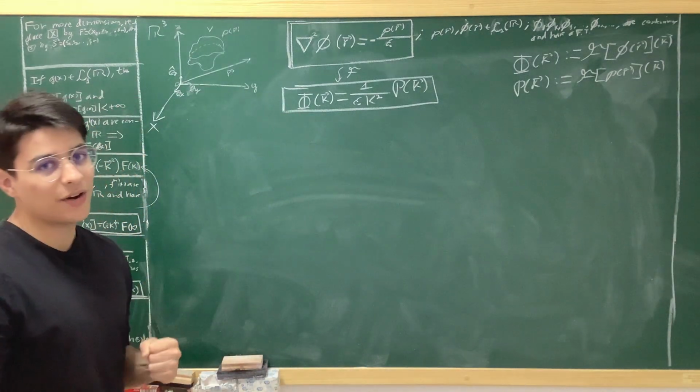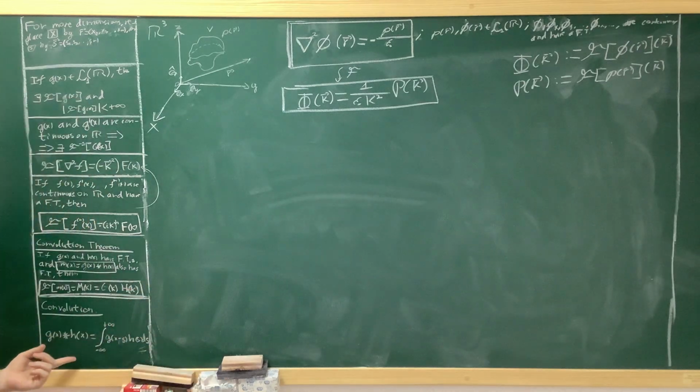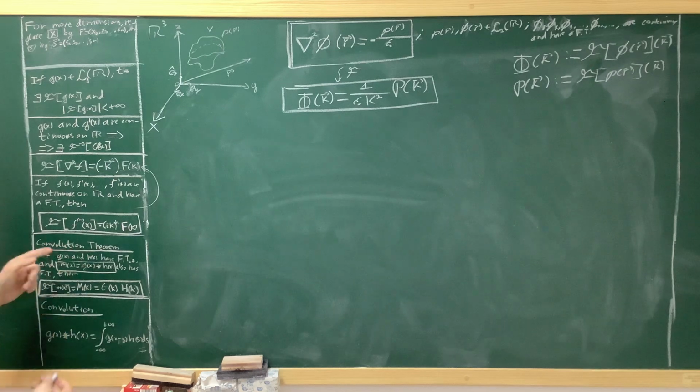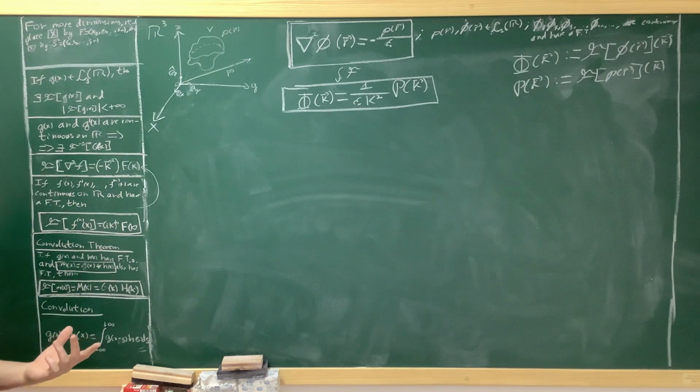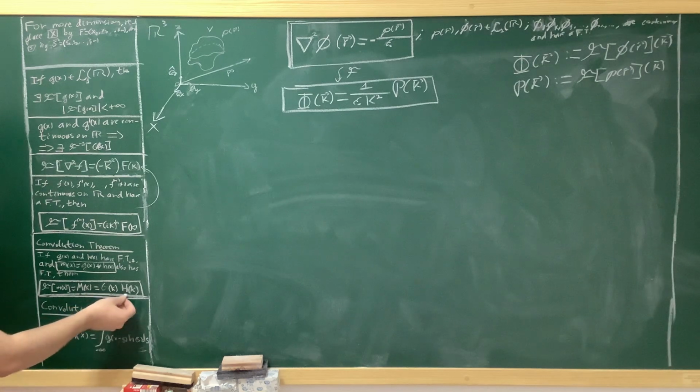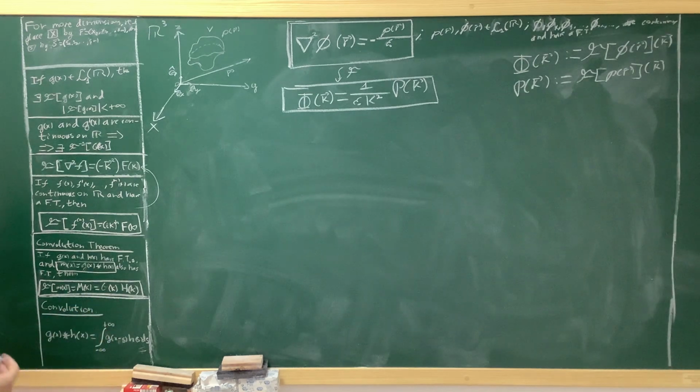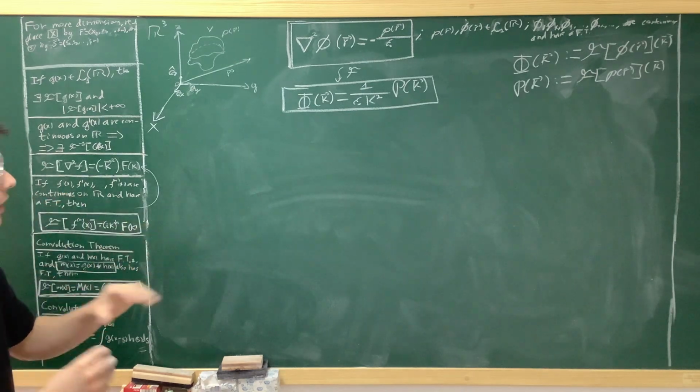Well, now we're going to take into account the convolution theorem. Just notice, if we have a function g of x and h of x, with Fourier transforms, and m of x is defined as the convolution between these two original functions, then the Fourier transform of it just becomes the product of these two functions. Let me explain real quick.